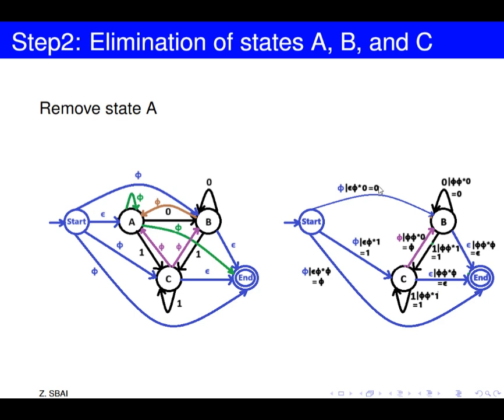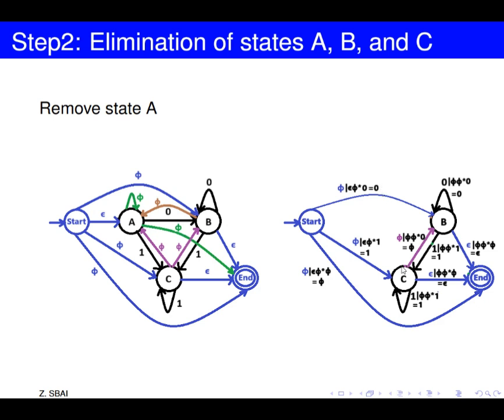We will find here 0 because epsilon concatenated to epsilon, empty star is also epsilon, concatenated to 0 is 0, and 0 union empty set will result into 0.